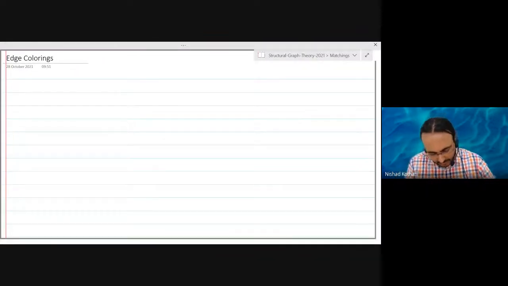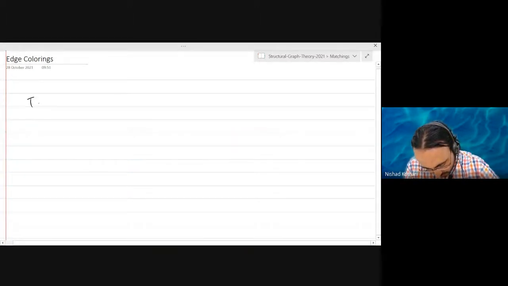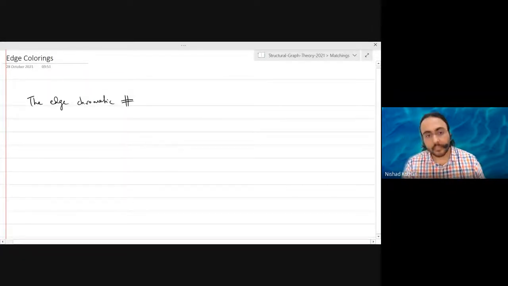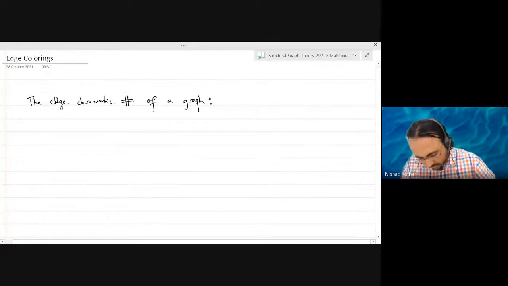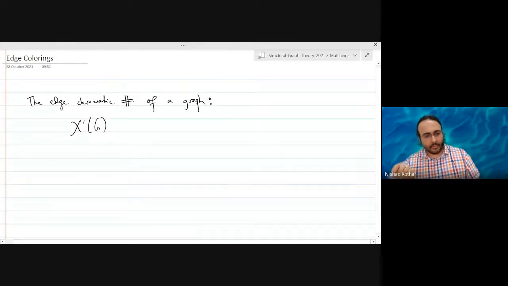All right. So as usual, the edge chromatic number of a graph, right, we'll denote it as chi prime of G. You can see that most of the edge related parameters we are using a prime on the corresponding vertex related parameter.